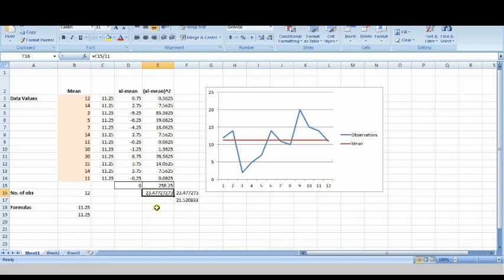If you have measured these in centimeters, then the variance unit becomes centimeter square. So in order to bring it back to the original unit, you have to take the square root of the variance here, and that gets you the standard deviation. Okay, that gives you the value of standard deviation.